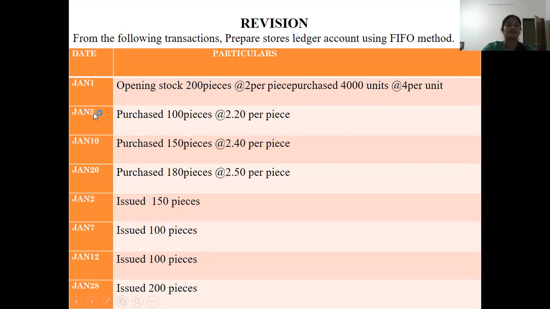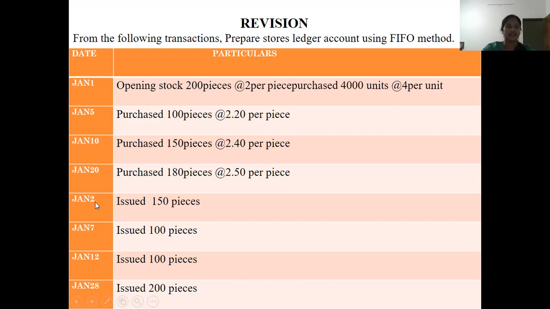On Jan 5th, purchased 100 pieces at 2.20 per piece. On 10th, purchased 150 pieces at 2.40 per piece. On 20th, purchased 180 pieces at 2.50 per piece.